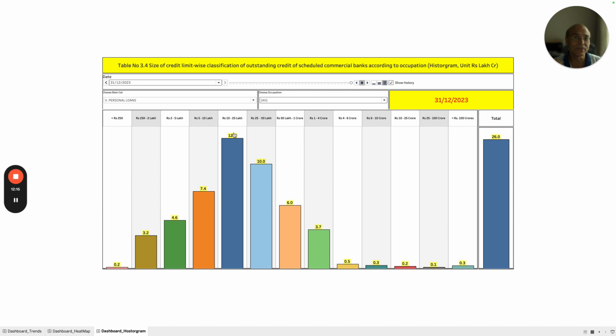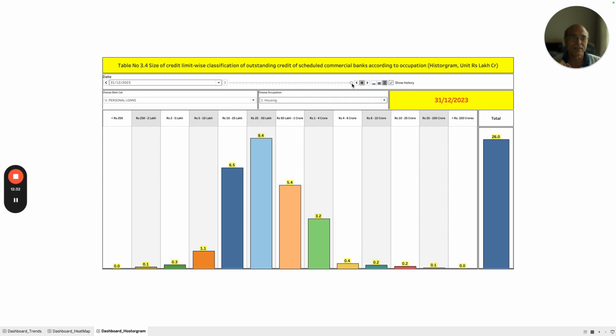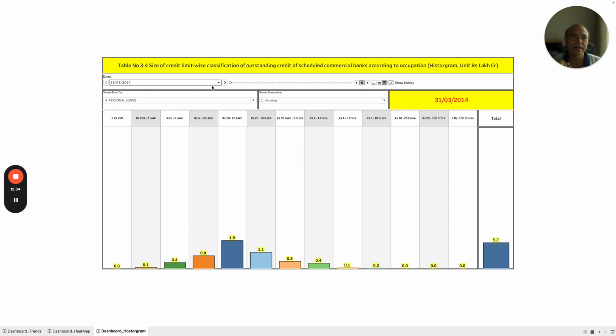When you look at the histogram, you will be able to see the complete change in trend, which is a very important insight, not possible unless you have these dashboards in front of you. Let's do that one by one. You will find this very interesting. Let's look at housing first, and I'll go straight from the beginning and run this simulation so that you can have a look at what's going on.